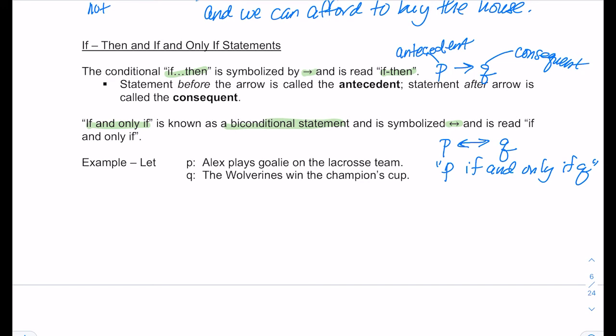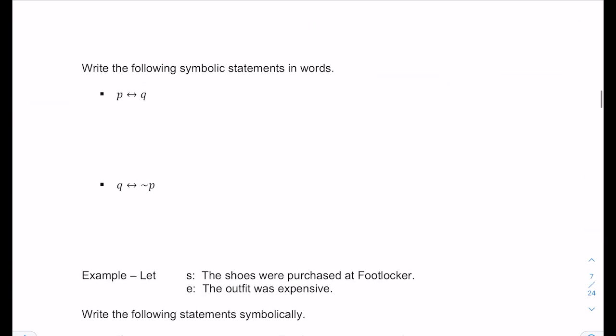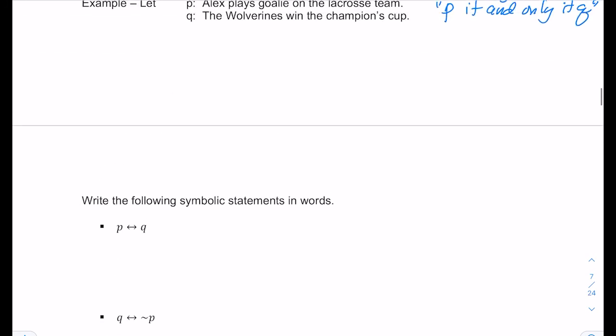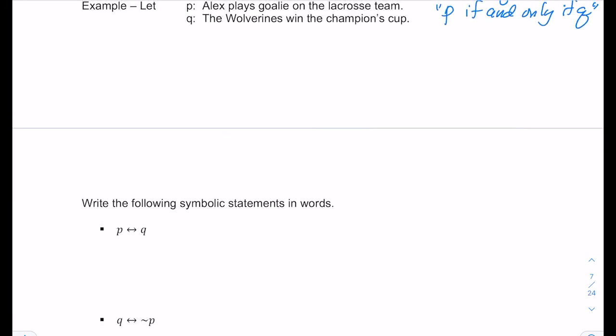In this example, we're going to let P be Alex plays goalie on the lacrosse team, and Q would be the Wolverines win the Champions Cup. So if I was to write that in symbols, I would say P if and only if Q. So what's P? It's Alex plays goalie on the lacrosse team, if and only if Q, the Wolverines win the Champions Cup.